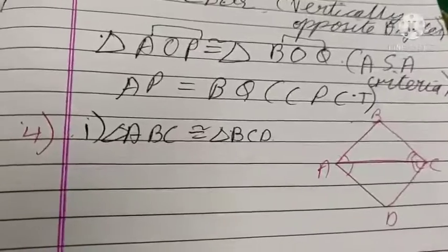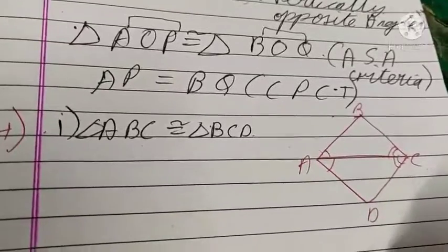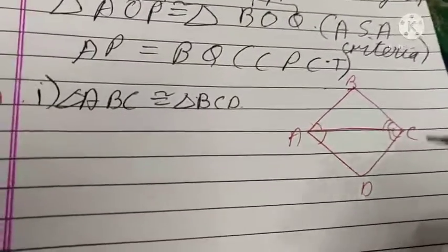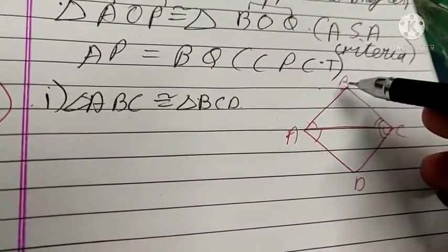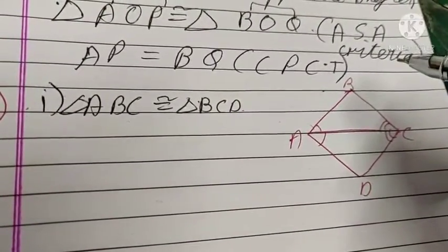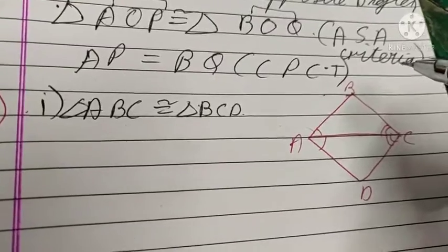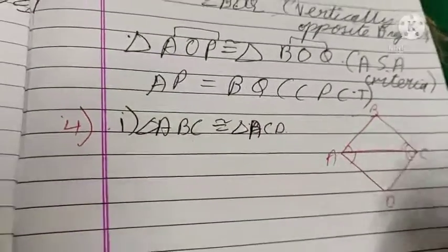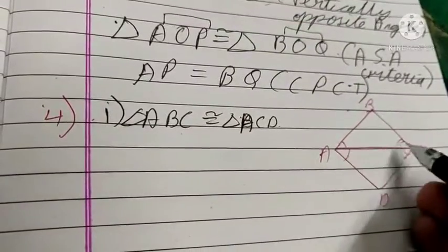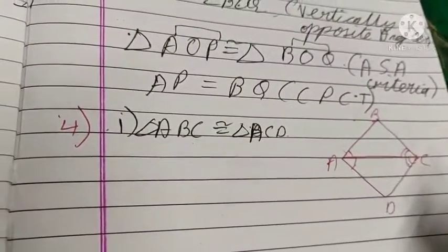Okay, so here we have to prove that triangle ABC is congruent to ADC. We have to prove these two triangles equal, and here this single and double are given equal.